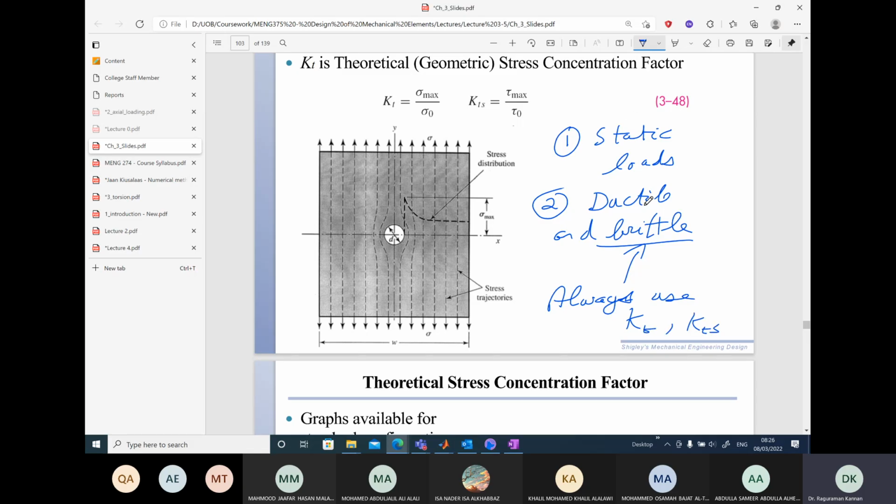However, if we go for ductile materials, the question to be asked is, can we allow local plastic deformation? If you can allow in your design local plastic deformation, then we can neglect the stress concentration factors. However, if in your design you cannot allow local plastic deformation, as it may lead to loss of function in your particular application, then you have to use the stress concentration factor even in the case of ductile materials.